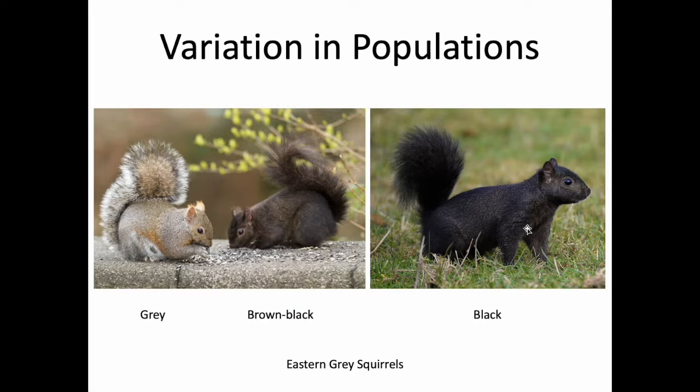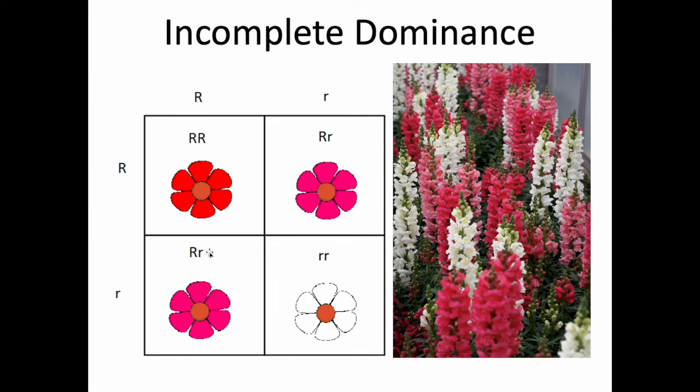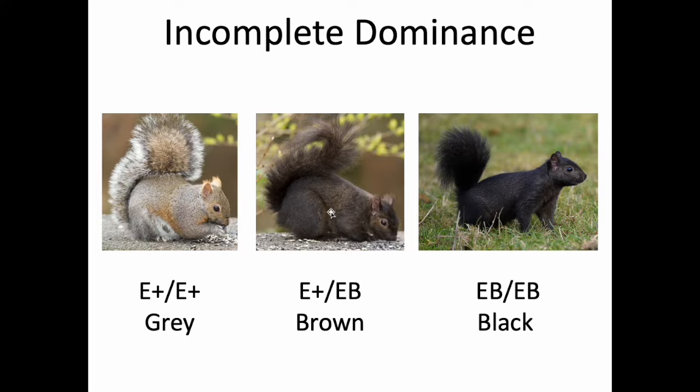These are all still Sciurus carolinensis, the eastern gray squirrel. But a mutation can create this brown-black color, and two copies of that mutation can create black fur. This is a black eastern gray squirrel. If you're curious about genetics, this is an example of incomplete dominance where the heterozygote is intermediate in appearance between the two homozygotes.